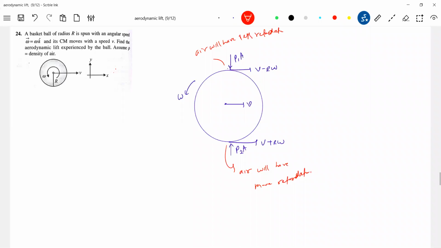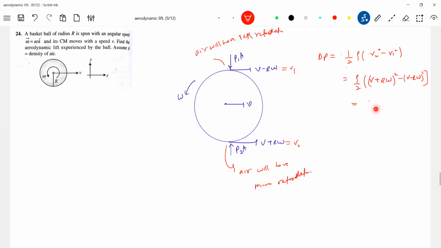So therefore, now the difference in pressure, delta P, should be equal to how much? Half rho, times V2 squared minus V1 squared, where this velocity you call V2, this velocity you call V1. So rho by 2, (V plus R omega) whole square minus (V minus R omega) whole square.